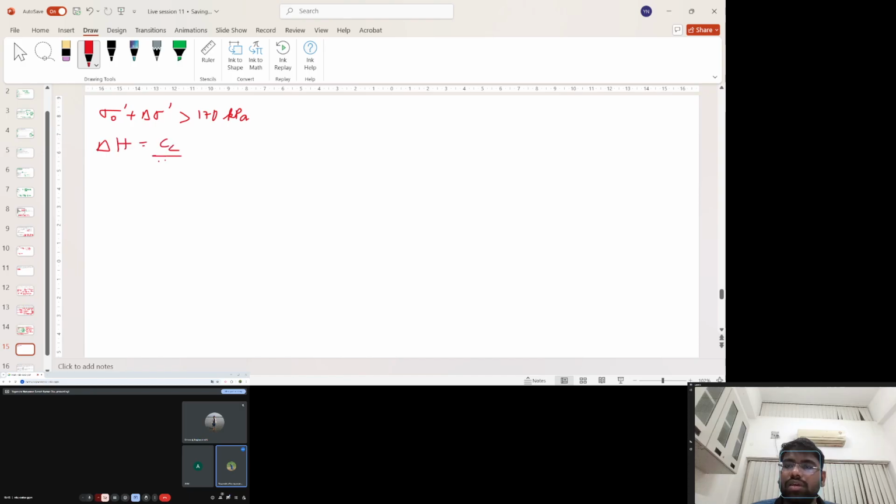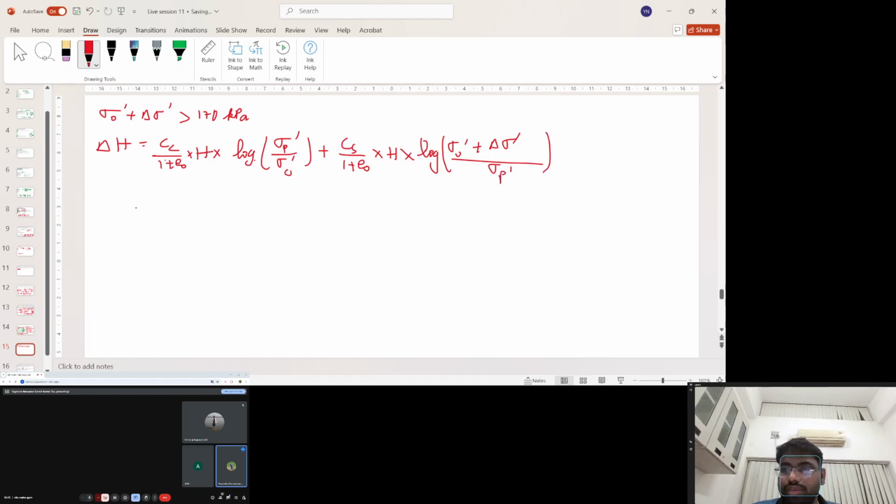It will be Cc by 1 plus e naught into H, log of sigma p dash by sigma naught dash, plus Cs by 1 plus e naught into H, into log of the remaining value, which will be sigma naught dash plus delta sigma dash by sigma p dash, right?